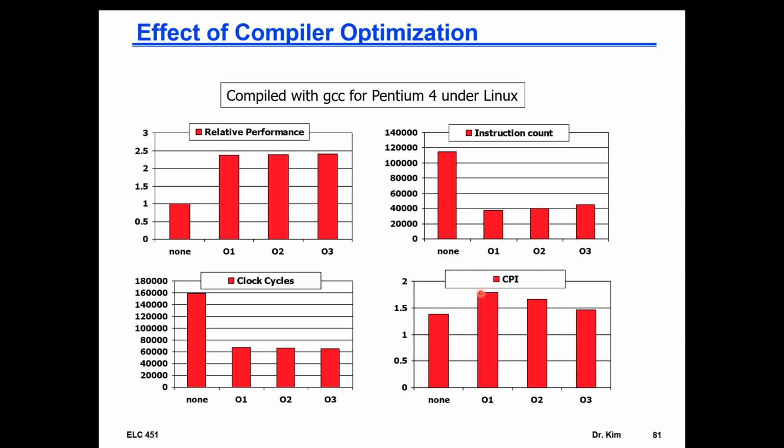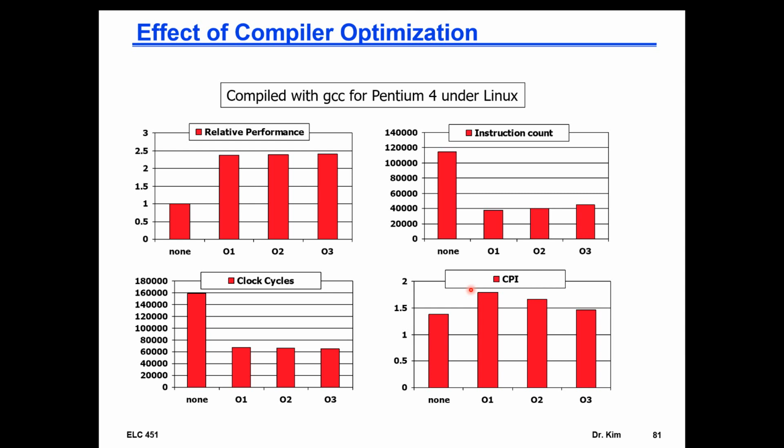And here we have that the first level of optimization is actually choosing, we can infer from this graph, more complex instructions because we have a higher average clock per instruction in the program.